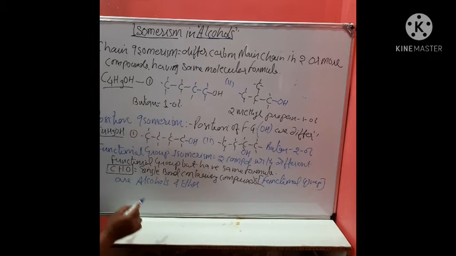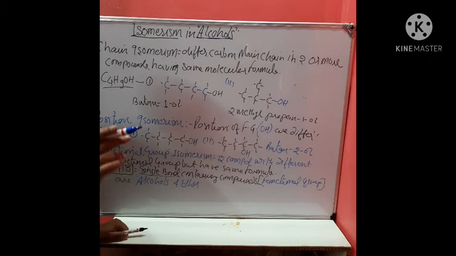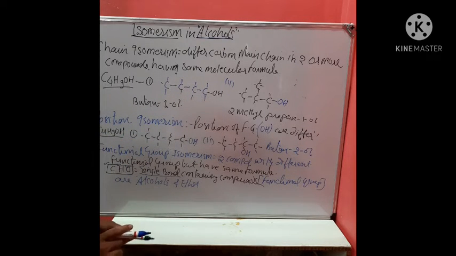Student, in alcohol as well as in ether, these three atoms are present, C, H and O, and also they have single bonds. So there are two functional groups which consist of C, H and O, and also have single bonds.